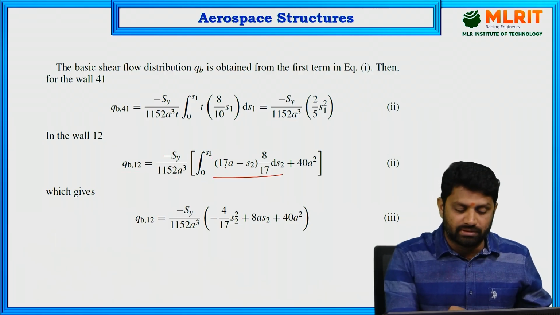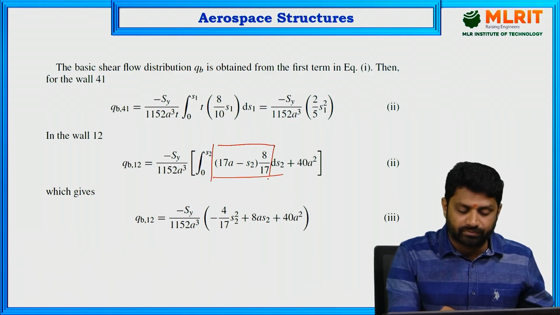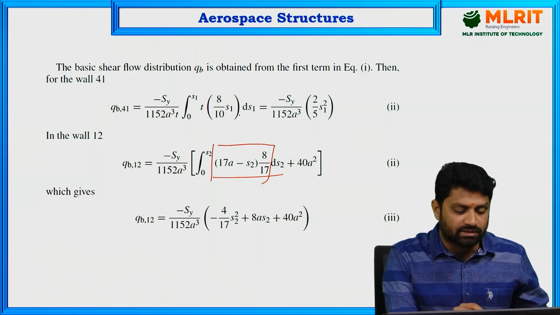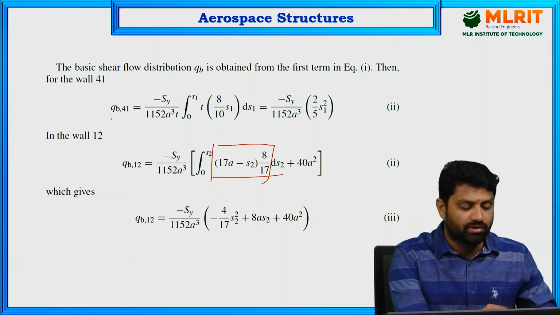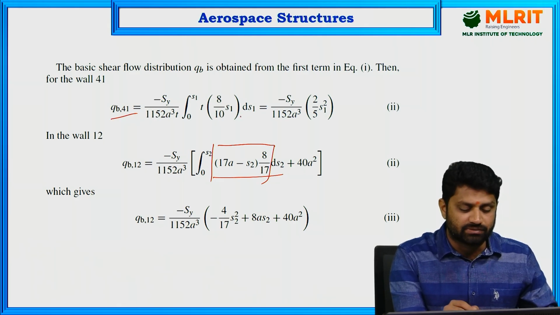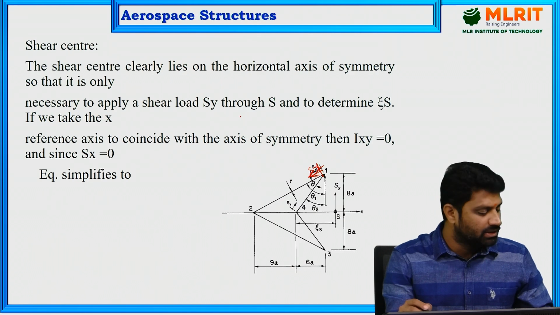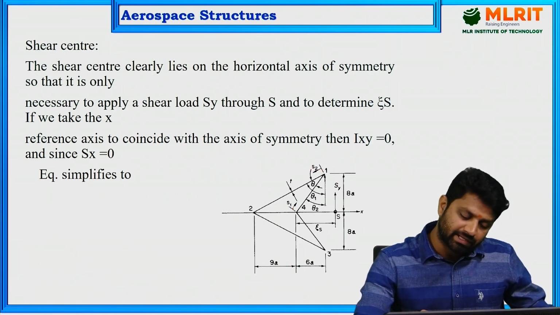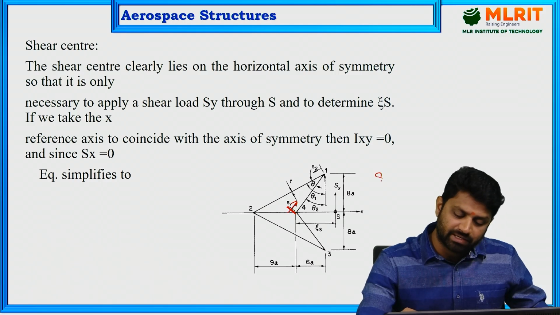For this particular term, since this is the 4-1 wall, we substituted 8 by 10 s1 because for s1 we are taking the distribution directly from the axis itself. So directly we have written the distribution as 8 by 10 s1, as we got it from y directly.